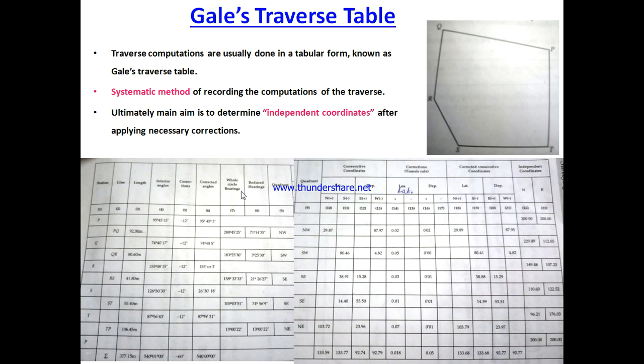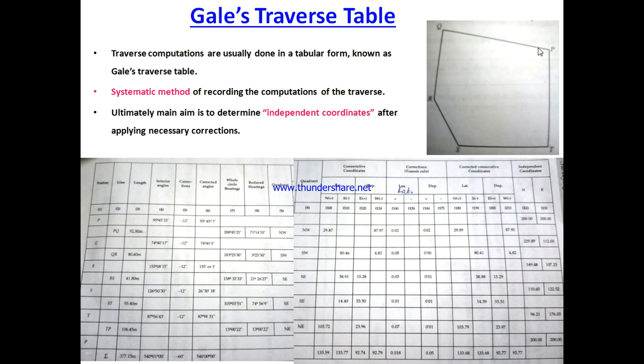Now suppose the whole circle bearing or azimuth of the first line PQ is given. You can see here, if I plot the meridian, this PQ line is lying somewhere in quadrant 4, which is the quadrant north and west. So here you can see north and west direction is shown and the value is calculated in the form of reduced bearing.